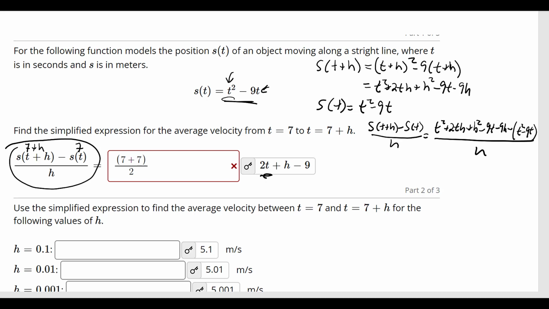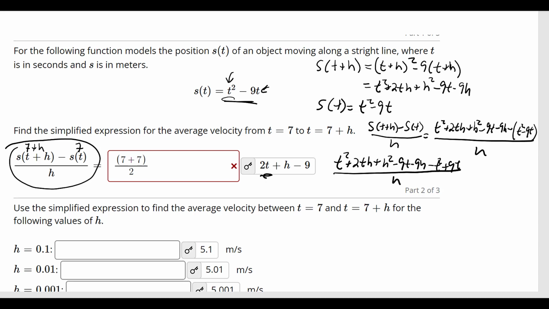And so if we distribute that negative, it's going to be this t squared plus 2th plus h squared minus 9t minus 9h minus t squared plus 9t all over h.